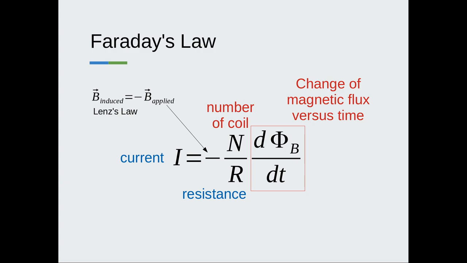So that is a consequence of balancing energies, or a kind of action like inertia. Okay, so this is Lenz law. So the induced magnetic field is always in the opposite direction of your applied magnetic field.